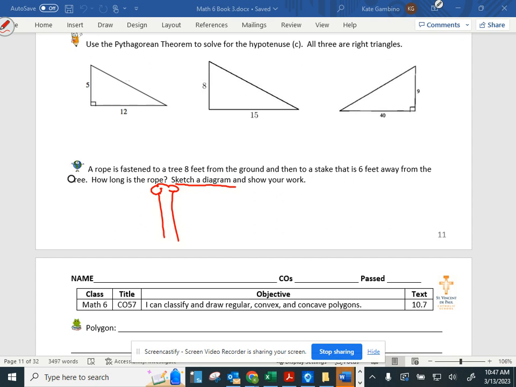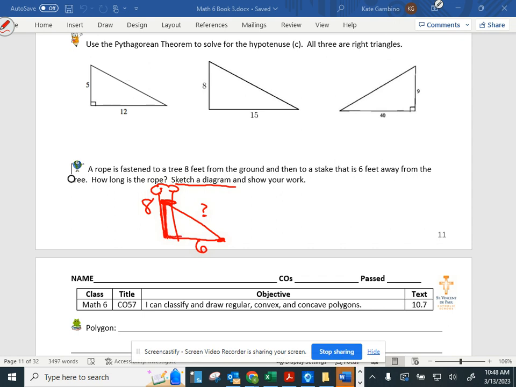Let's say the rope is tied on that tree right there. From there to there, it's 8 feet. The stake is 6 feet away from the tree. We need to find out how long is the rope.